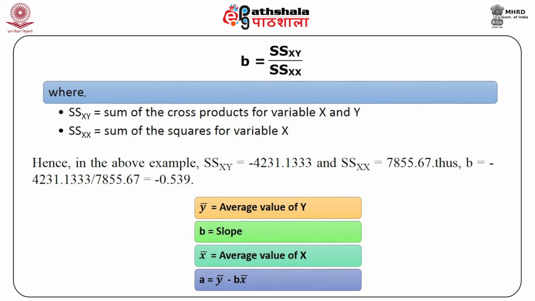The intercept of the least squares line is represented by the equation a is equal to y bar minus b x bar, where y bar is the average value of y, b is the slope, and x bar is the average value of x. In the example, again we have the values available to us.